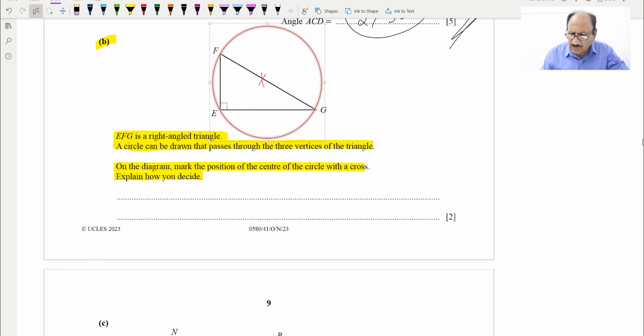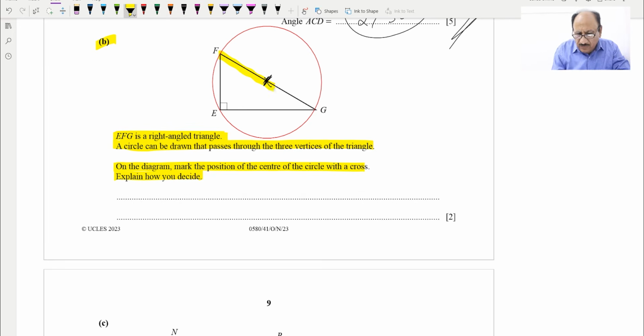You can see this is the circle, and the middle point of FG will be the center of the circle. So we can mark over here. So we can say that the angle in this will be the diameter.